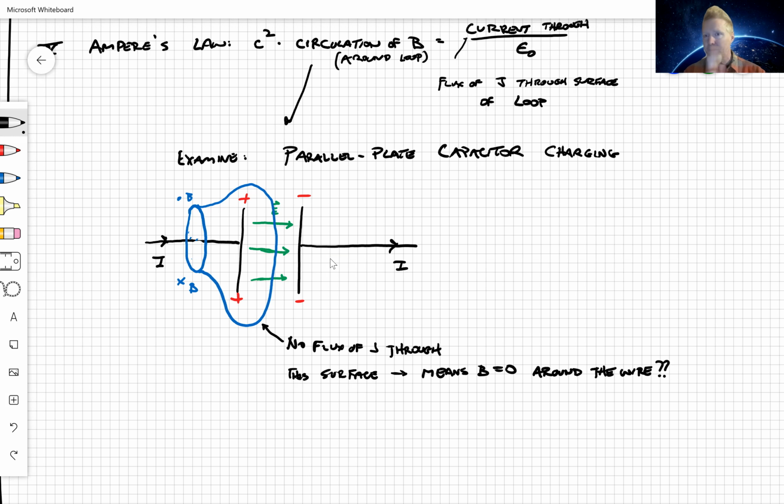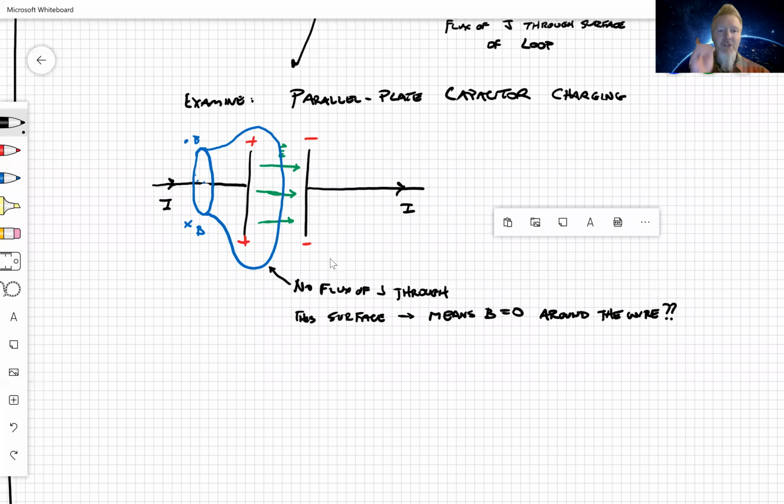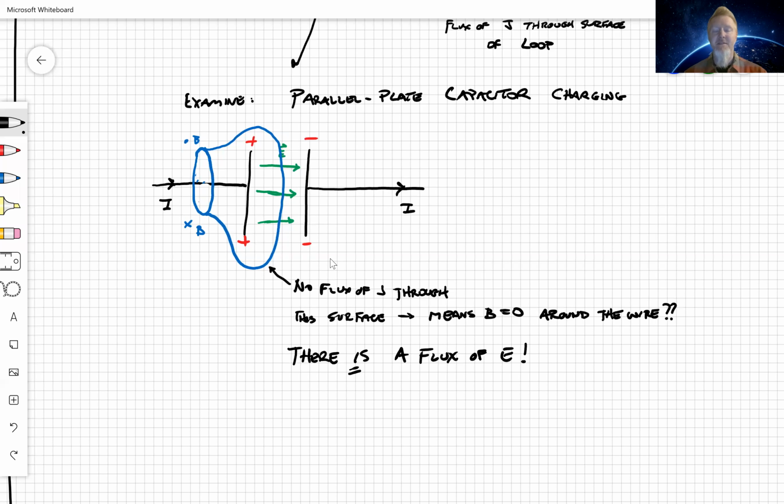No charge is flowing between the plates, but the electric field is building. So there is a flux of E through this surface, and it is changing.